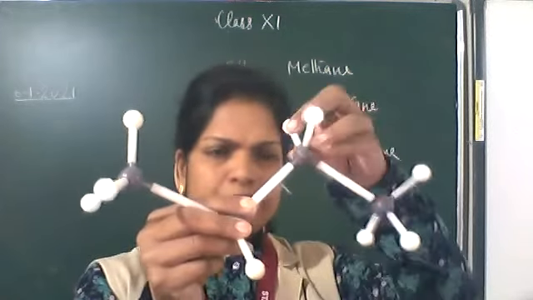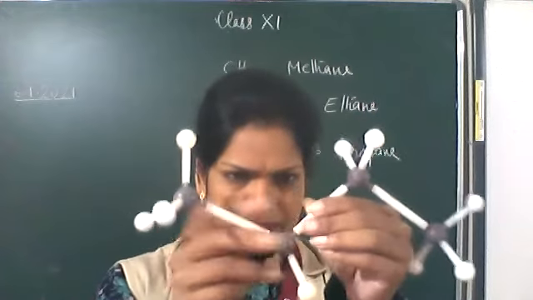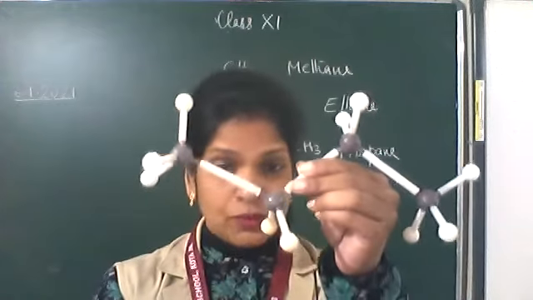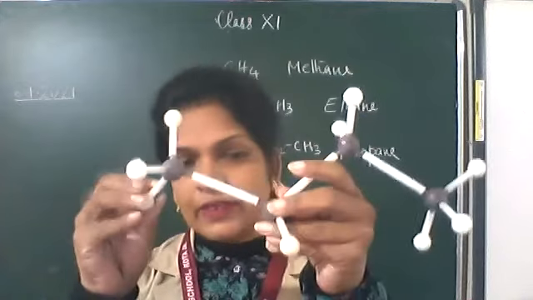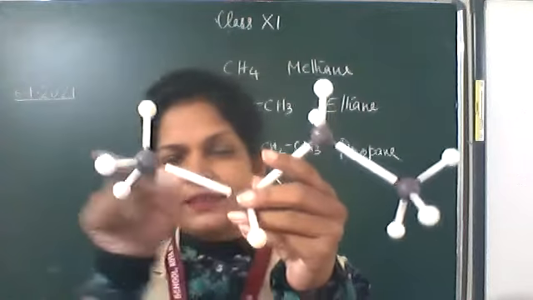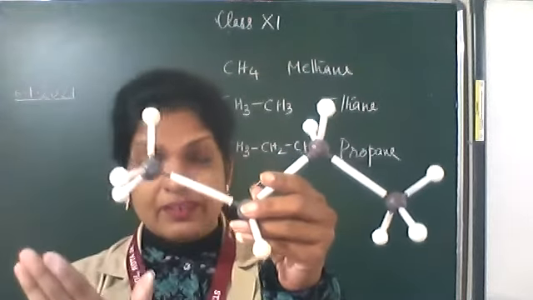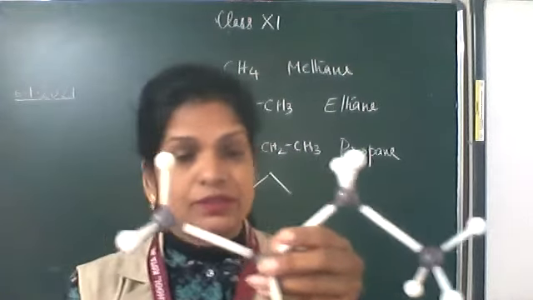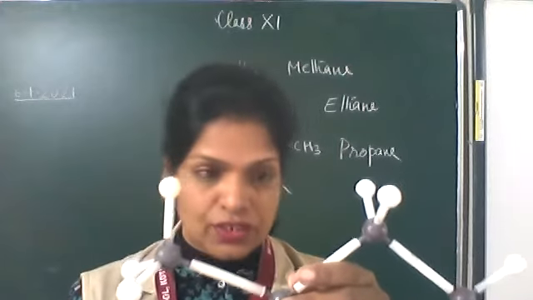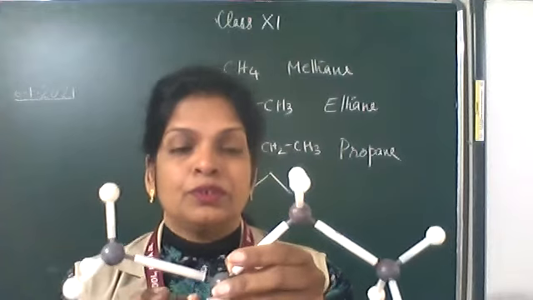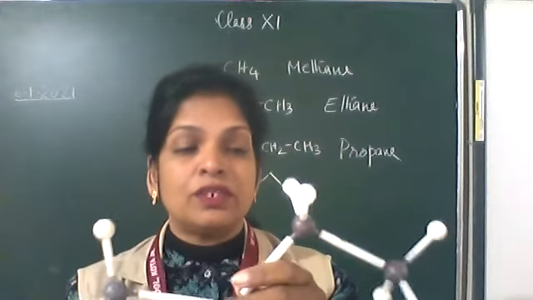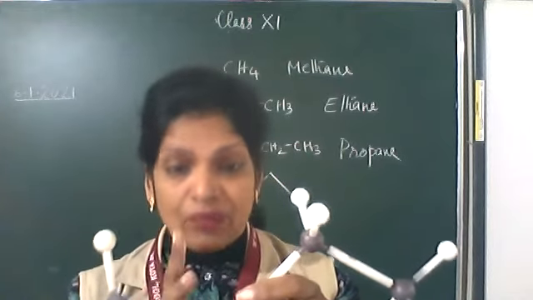This was our previous CH3. Then two CH bonds here. Then comes your CH3. So again, you see it like a zigzag, but I say it is a straight chain. This is what we call a straight chain.